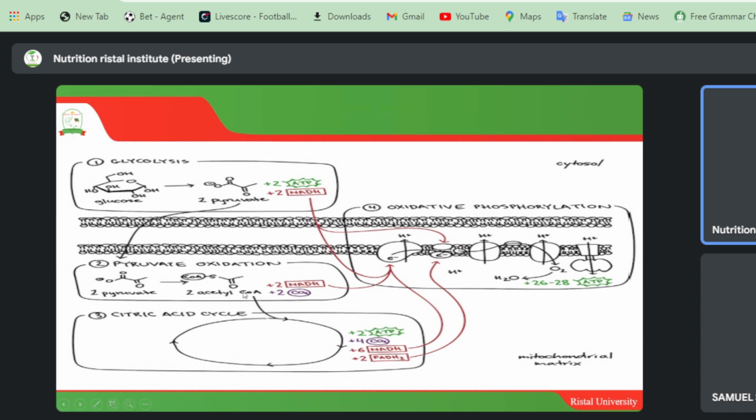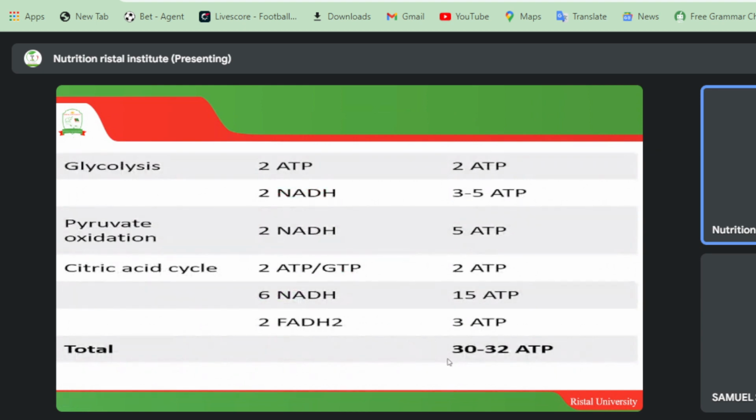After that, we have our citric acid cycle, the Krebs cycle, and then finally we go to the electron transport chain. Looking at these colored arrows, you're seeing 2 NADH, then 6 NADH and 2 FADH2. So this is exactly what happens.